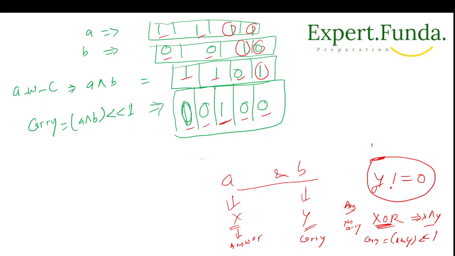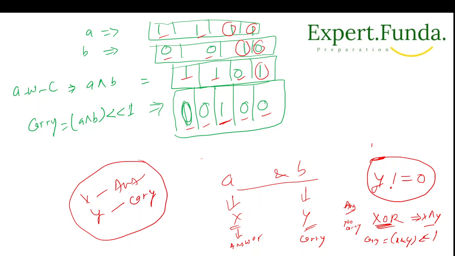In the next loop, x is our answer and y is our carry. We repeat this loop until the condition fails. Finally, once this is done, we return our answer.